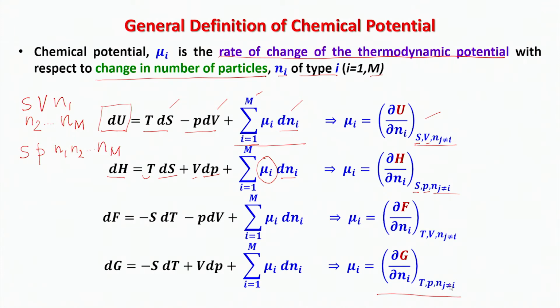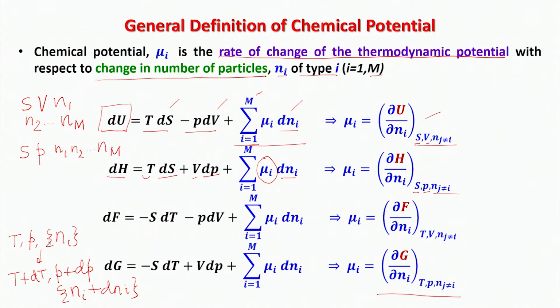If I have an equilibrium state defined by temperature, pressure and all possible values of Ni's, and I have now carried out a change in state that gives me a new equilibrium state as T plus dT, P plus dP, and each Ni now has changed from Ni to Ni plus dNi.